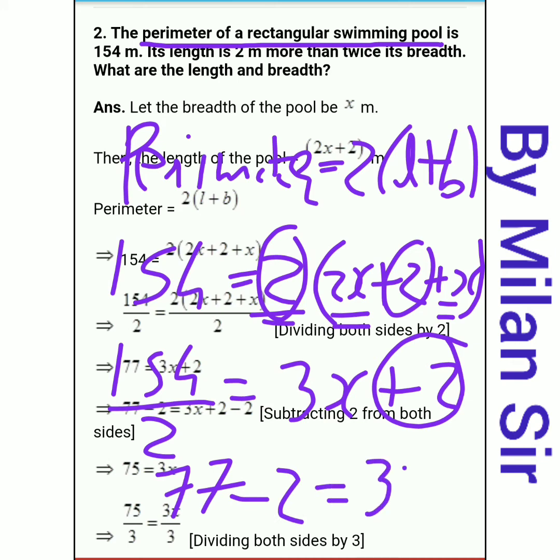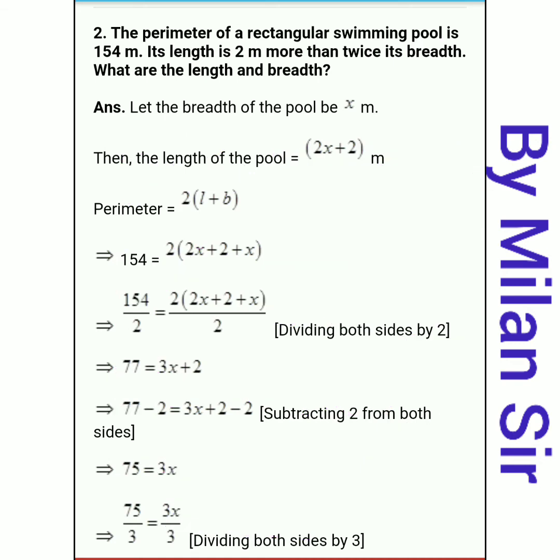Then we can transfer this plus 2 to the left hand side, it becomes minus 2, is equal to 3x. One by one we need to transfer our numbers to the other side, so that at last we can get the value of the variable. So 77 minus 2 is 75, so 3x is equal to 75. Now we can transfer our 3 to the right hand side.